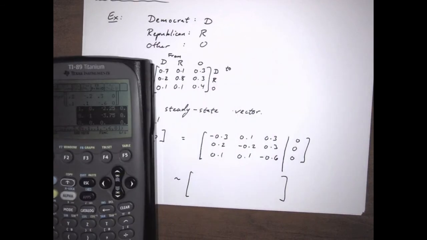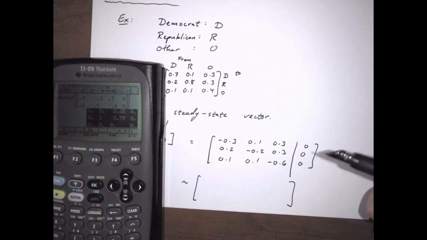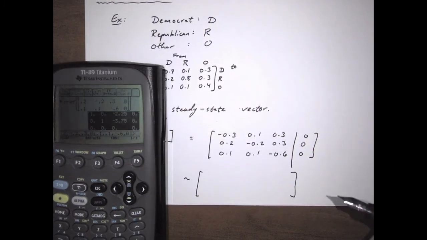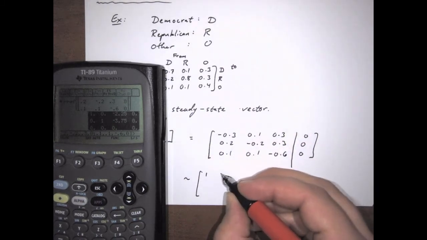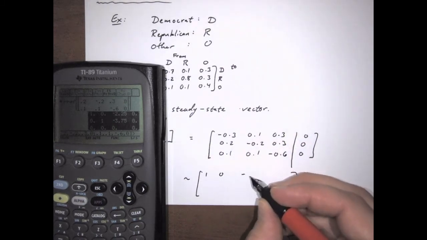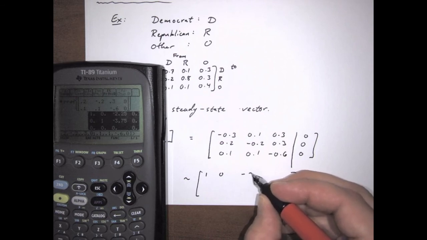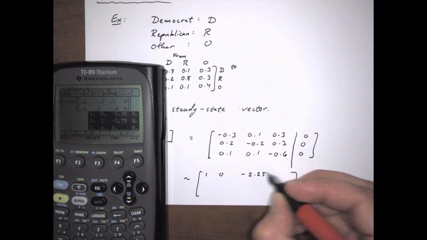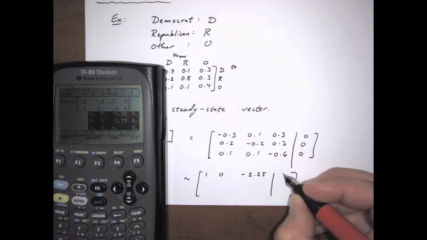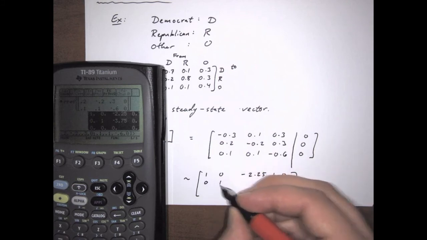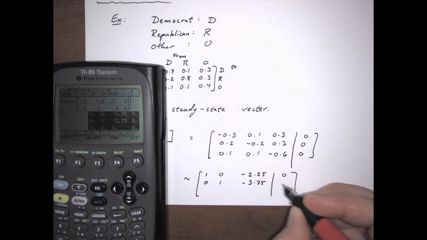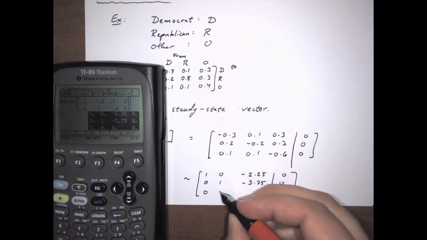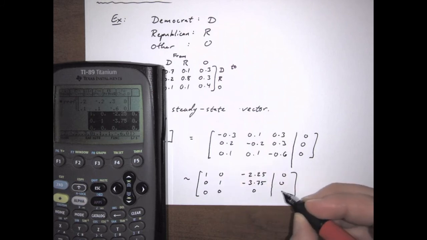And notice, because my calculator is a TI-89, even though its default is not to put in decimals, if you give it a decimal input, it will then assume that you mean to keep it in decimals, and so it will maintain decimals if decimals are entered. So 0, 1, negative 3.75, 0.